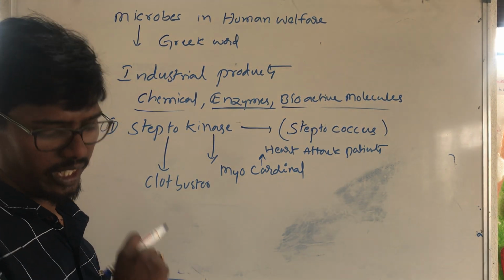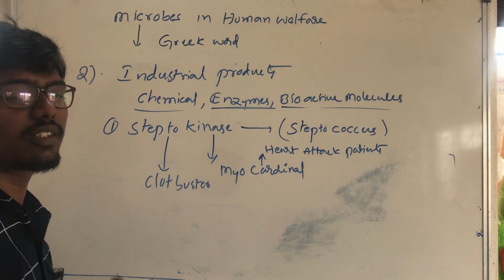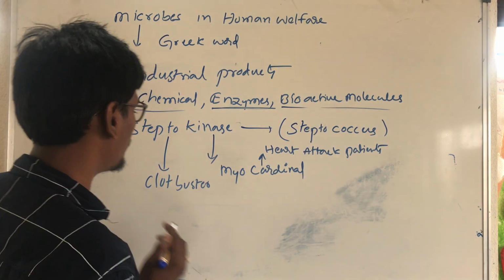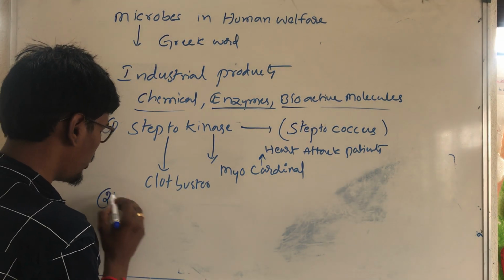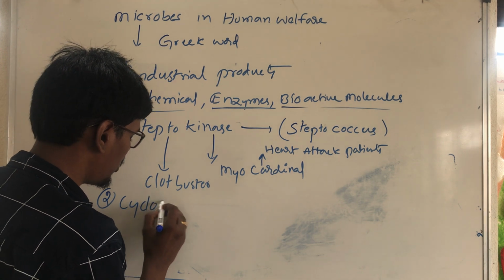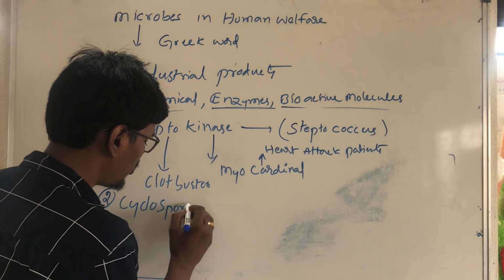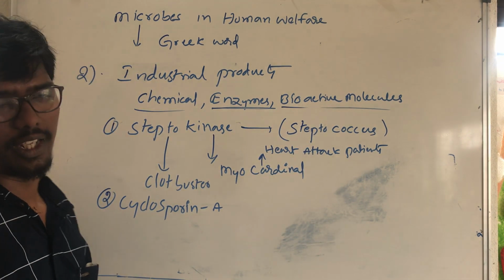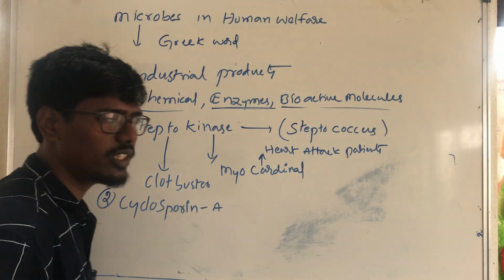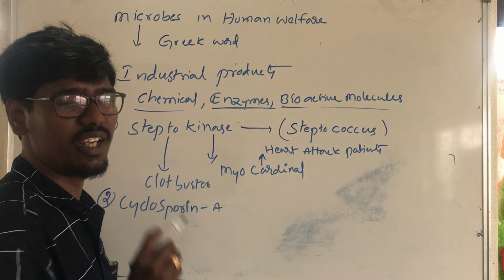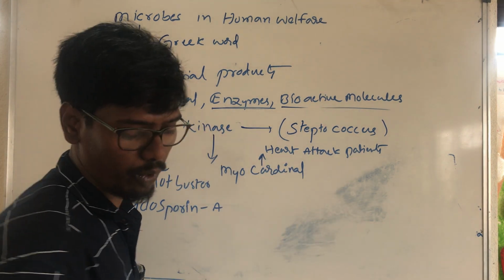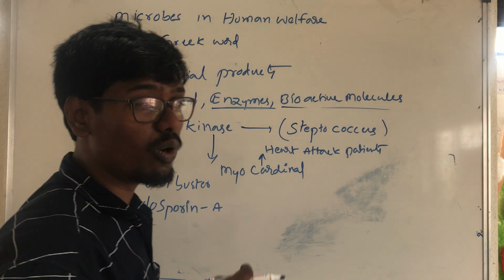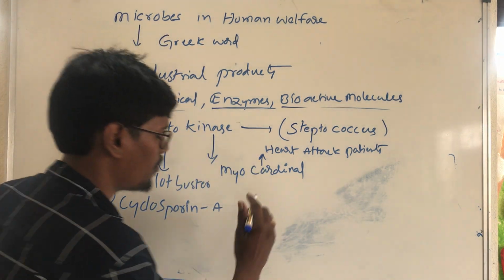Next, the second thing is cyclosporin A. Cyclosporin A is produced from Trichoderma polysporum.